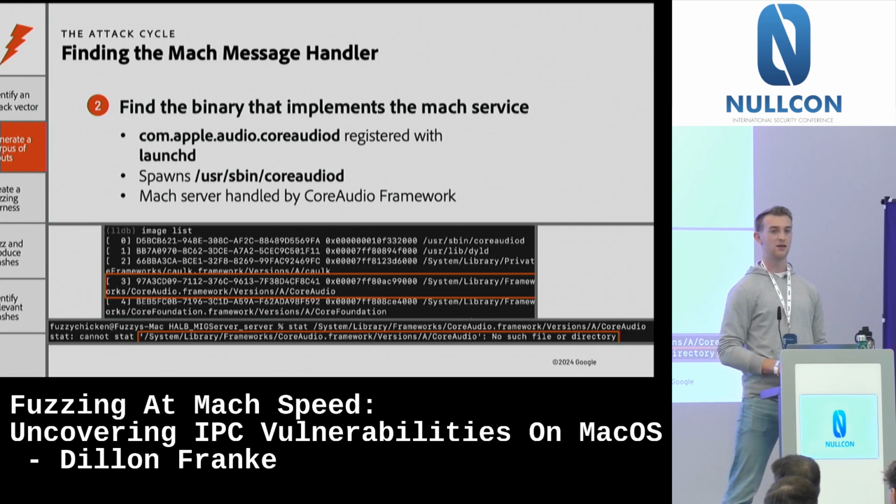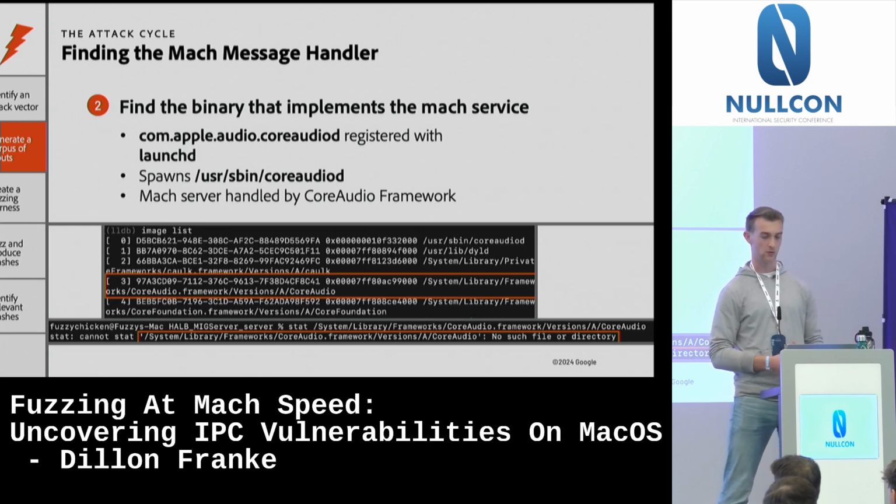That is the first process that starts on macOS, and it's in charge of starting all of the low-level system services that run within the operating system. And that launchd service then spawns /usr/sbin/coreaudiod, which is a binary. And the Mach server is then handled by the Core Audio framework, which you can see here.